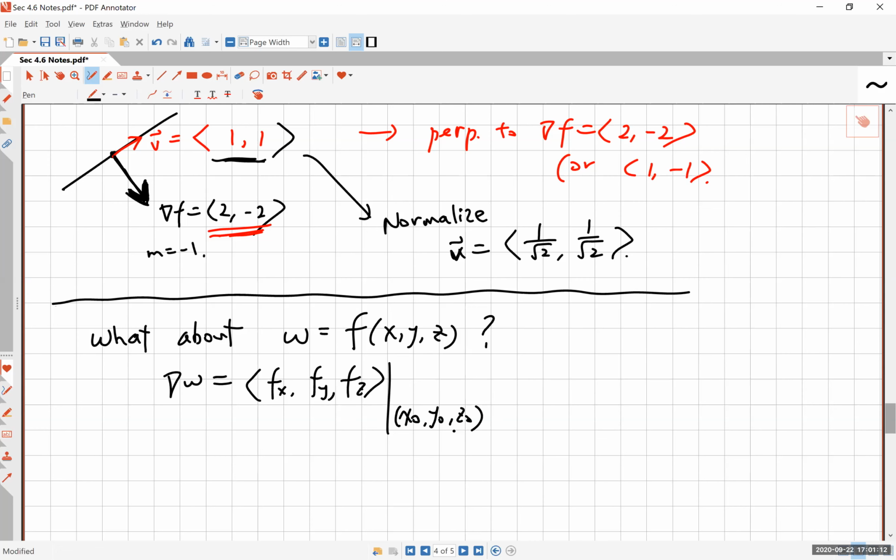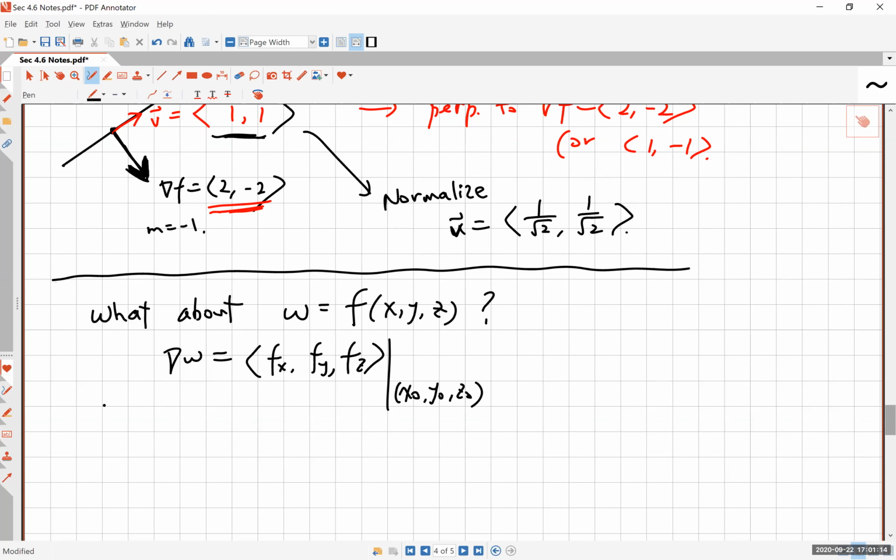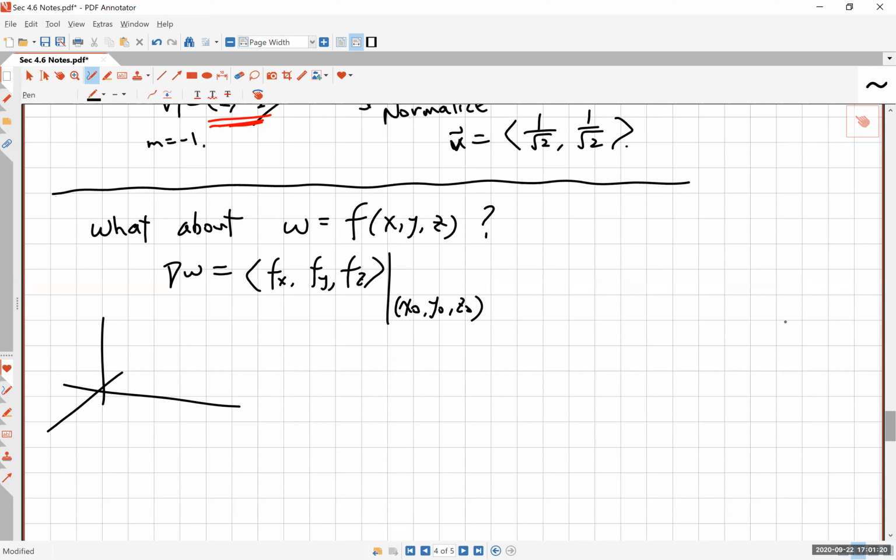All right, now you notice here, I can't graph the functions of 3 independent variables, right? But what I can do is to graph its level surfaces. So maybe a level surface would be something like this. Let's say this is where f is equal to 0.